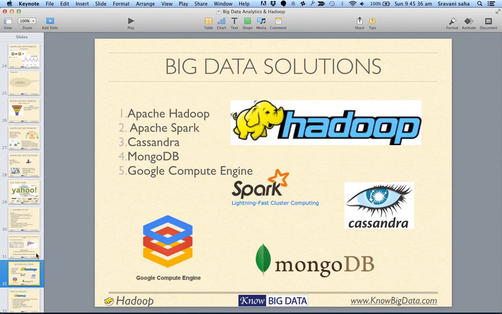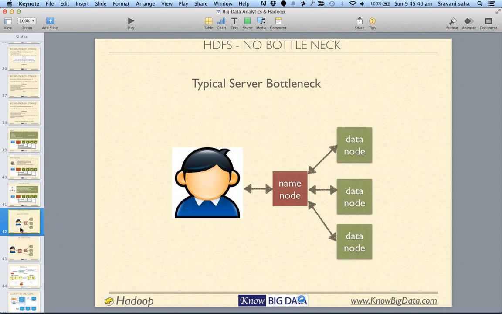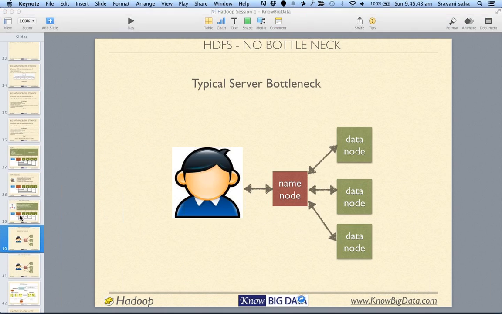So let me take up another diagram. All right. So typically, this is how we built the system. User used to come to a master, and then master used to get the data from data node and then give it to the user. As you can see clearly in this kind of architecture, the name node, kind of master, will become the bottleneck.